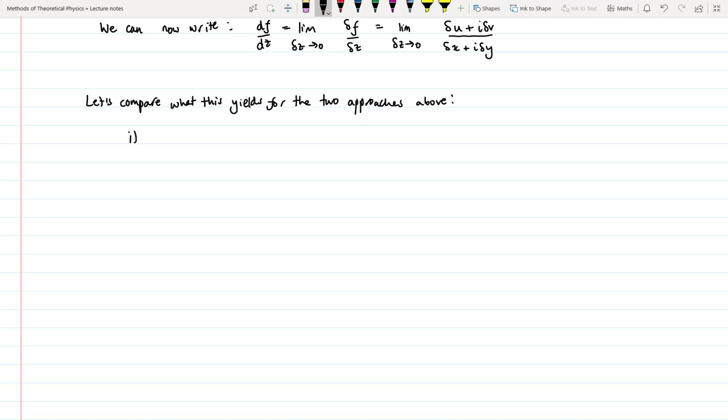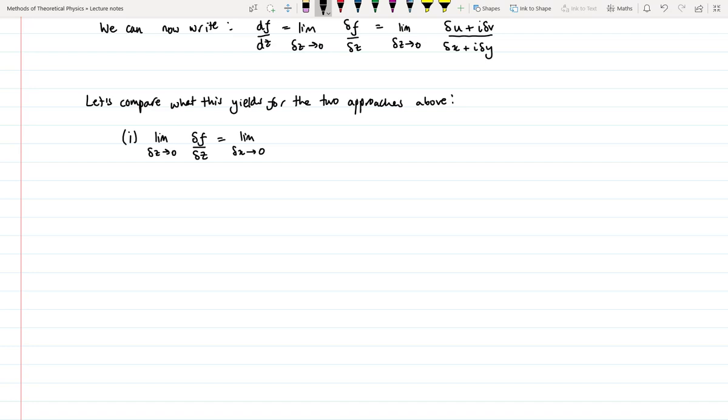The first approach, if we write down the limit as delta z tends to 0 of delta f by delta z, for the first approach we assume that there was no change in the imaginary component of delta z, and that means we can write the limit solely as a change in x.